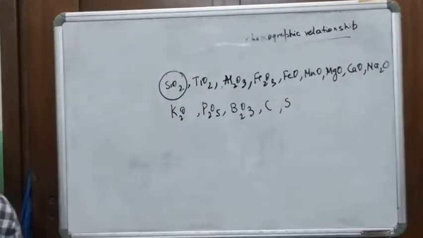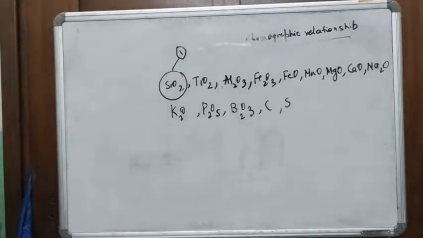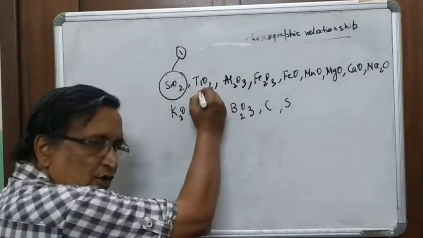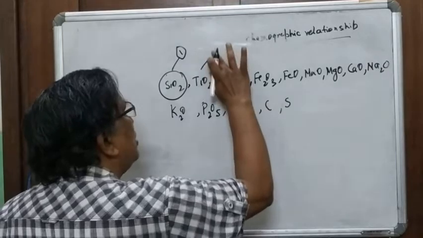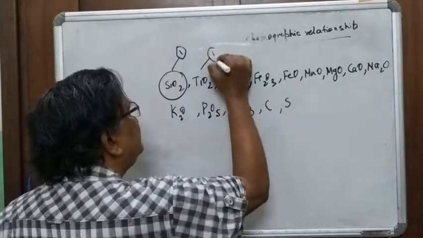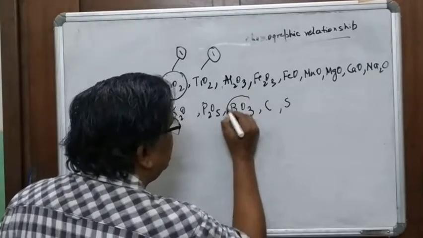Because SiO2 occurs as a pure phase. Rule 1. I have forgotten the rules. Yeah. TiO2, if there is rutile, this is also gone because of rule 1. Let us say B2O3. I don't need B2O3.